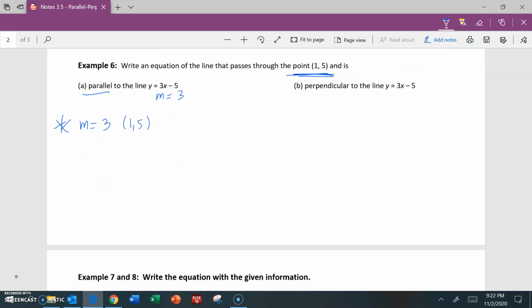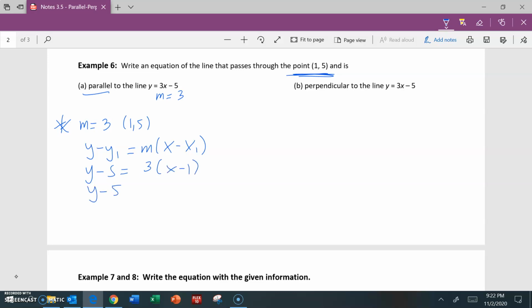So we're going to use y minus the y coordinate equals the slope times x minus the x coordinate of a point on the line, just like we used in the intro notes. So I'm going to do y minus 5 equals the slope times x minus 1.